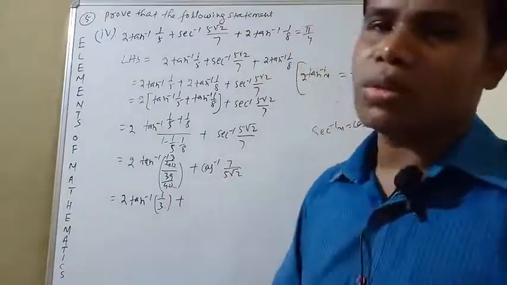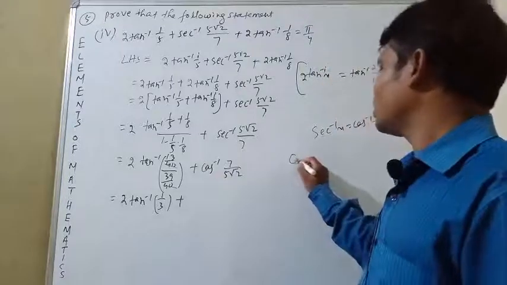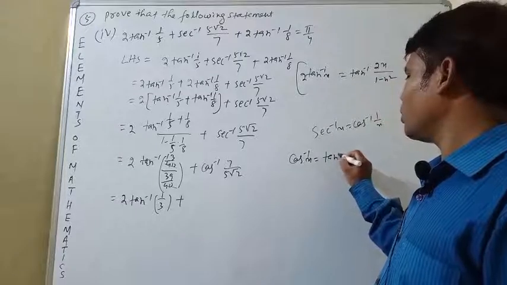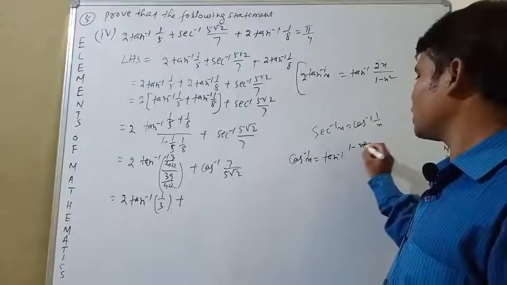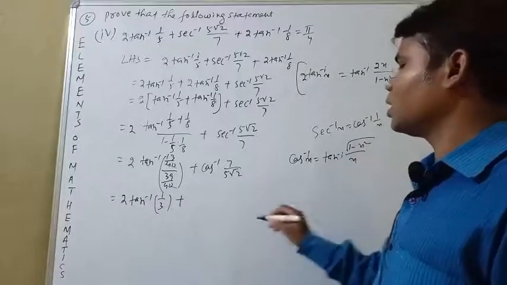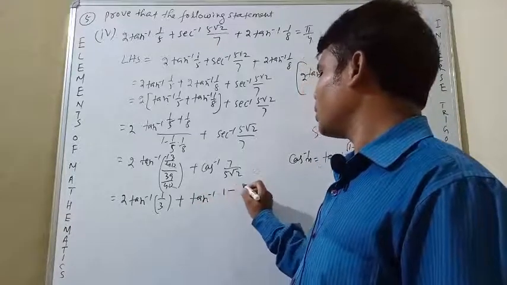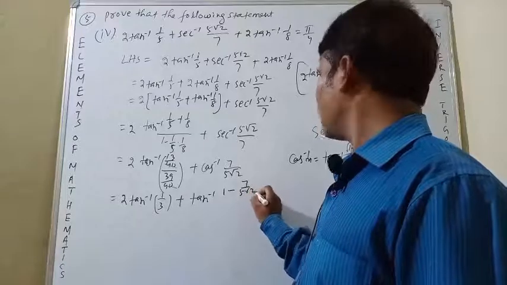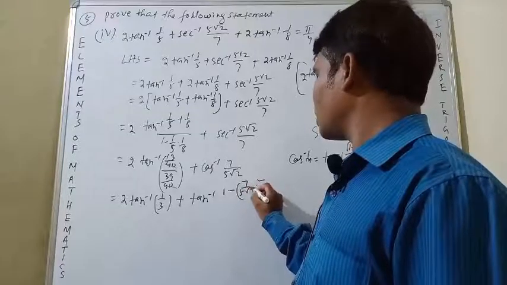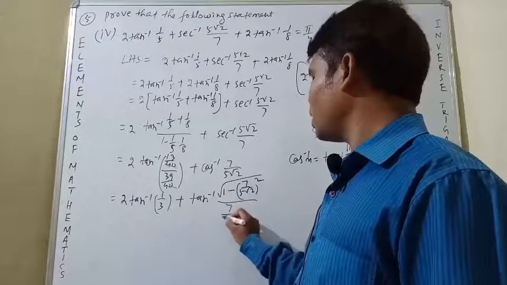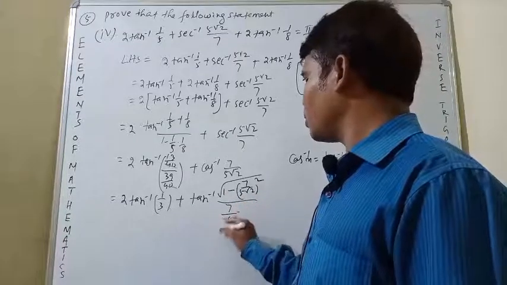I have converted it into tan inverse. Cos inverse x is equal to tan inverse of square root of 1 minus x square, over x. So this is equal to tan inverse square root of 1 minus 7 by 5 root 2 whole square, over 7 by 5 root 2.